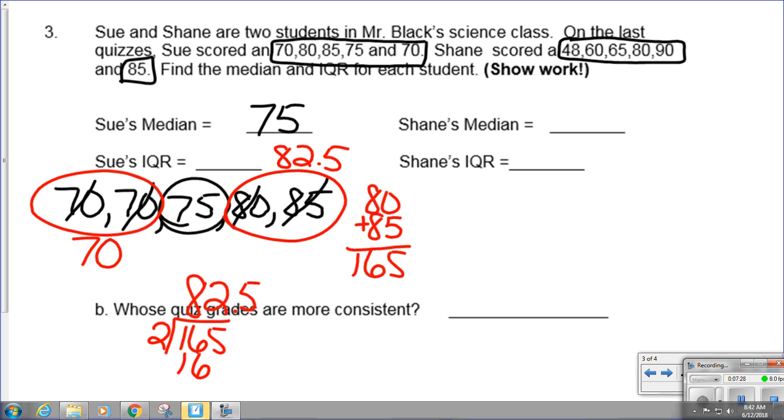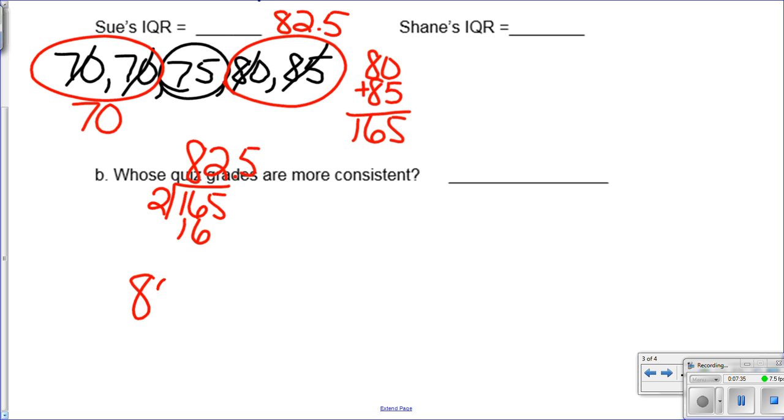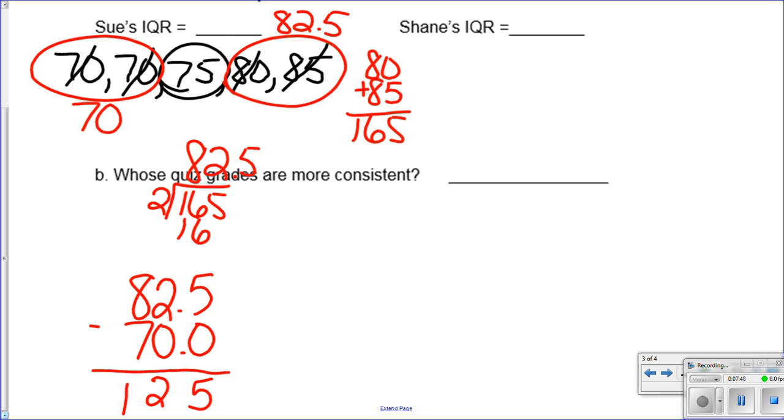To subtract a decimal and a whole number, 82.5 minus 70, put a decimal zero behind the 70. If we are forgetting that, your answers do not make sense. 12.5 is her IQR.